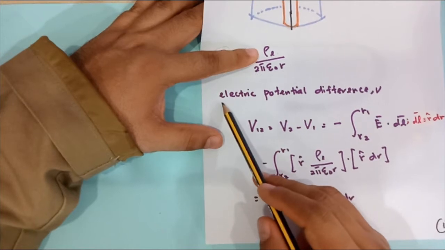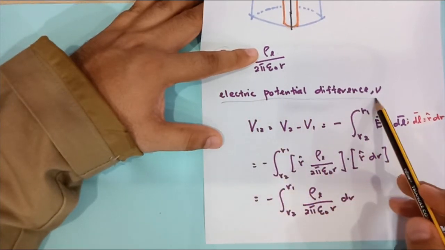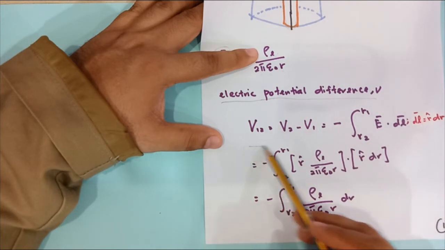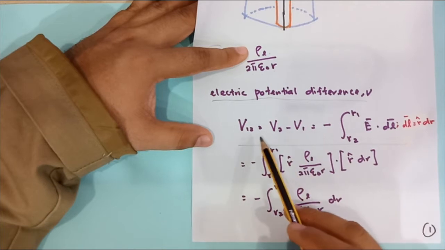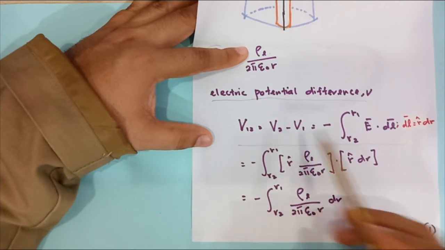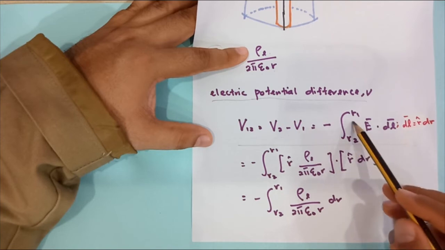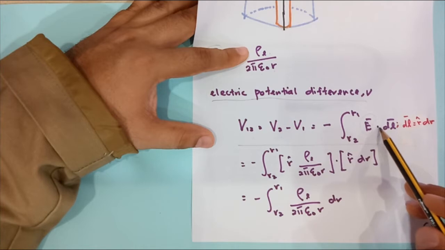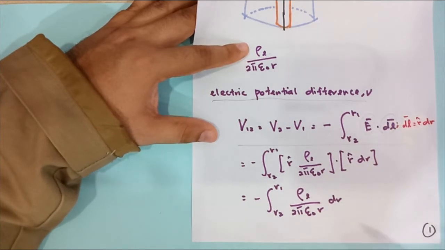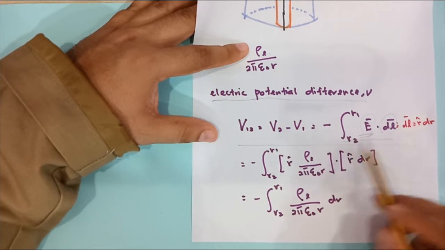In order to derive the electric potential difference equation, we have this expression, whereby V12 is equal to V2 minus V1, so minus the integration from R2 to R1 of vector E dot vector dl, which represents the direction of the vector of this operation.